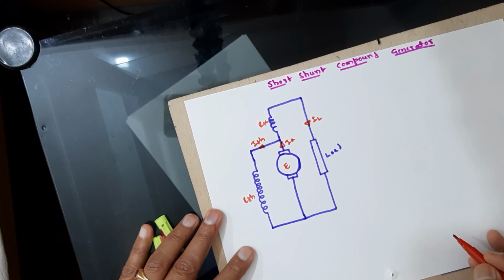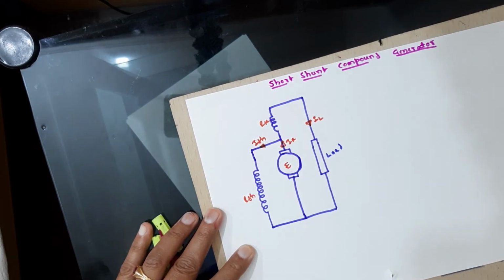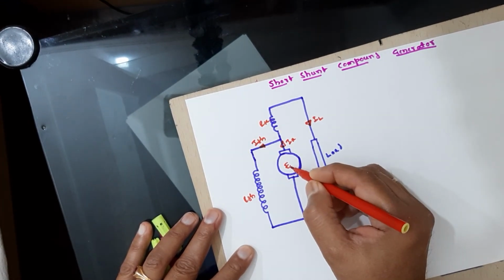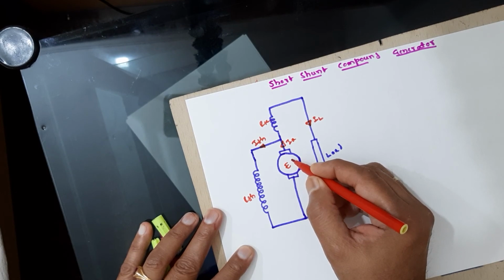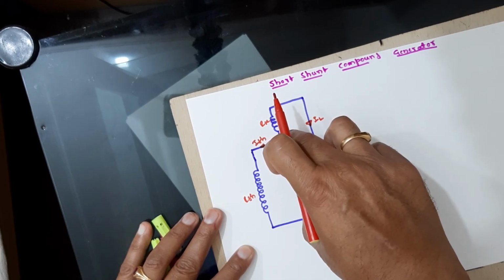Once again, the voltage across the shunt field is very important. How are we getting that? The voltage generated is E here. There is an IRA drop, armature reaction drop, and the brush drop. The remaining voltage is available here.